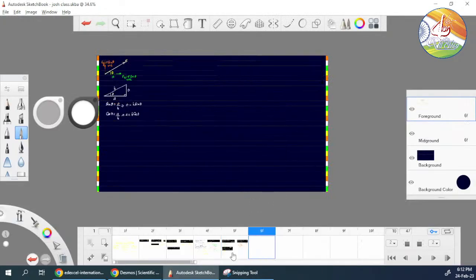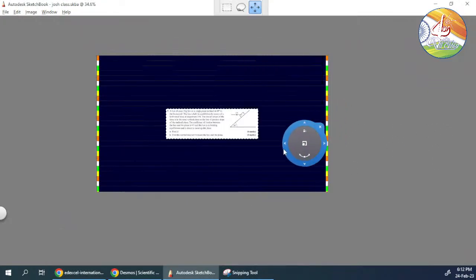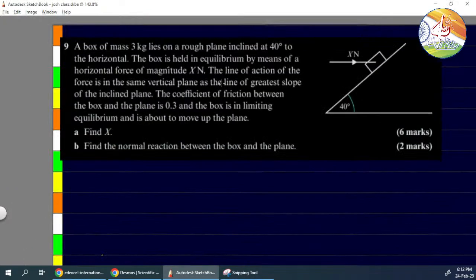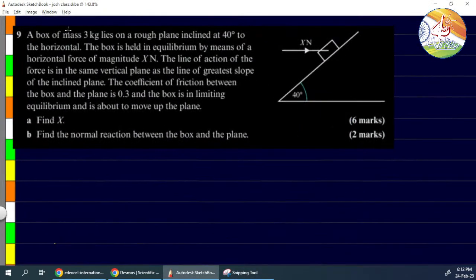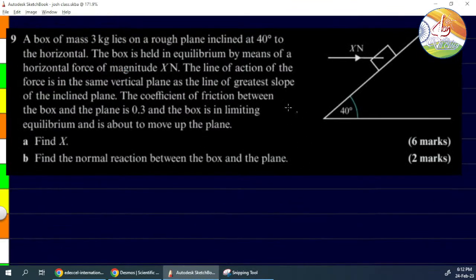Let's go to the next page. Okay, ready? Yes. So a box of mass 3 kg lies on the rough surface like this. X is the force with which we are pushing it up.